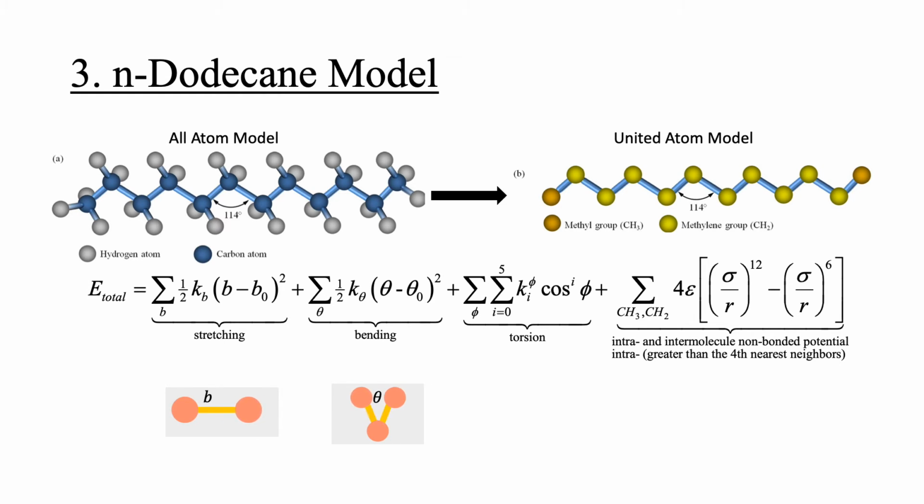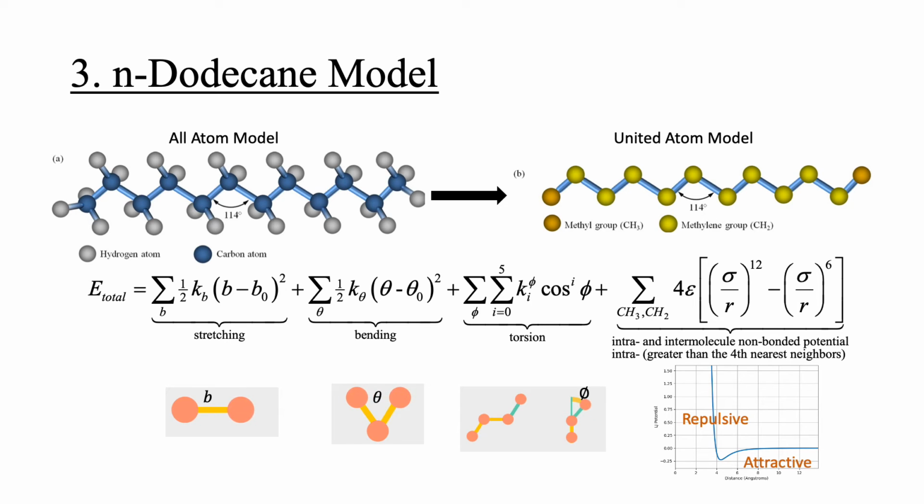Next is the bending bond formed by 3 adjacent pseudoatoms, which form an angle theta between them as described in the image. The third is a torsional bond which is obtained from 4 adjacent pseudoatoms. And finally, the Lennard-Jones potential, which states if an interaction creates a repulsive or attractive force between a pair of pseudoatoms based on the distance from each other.